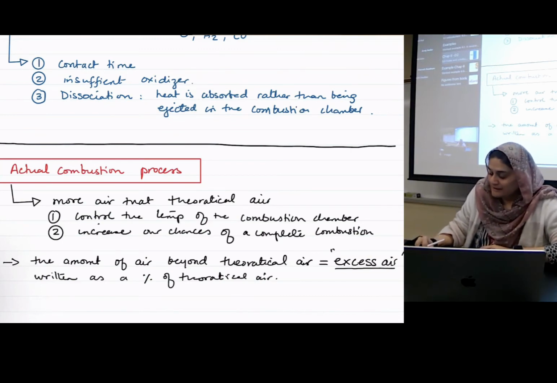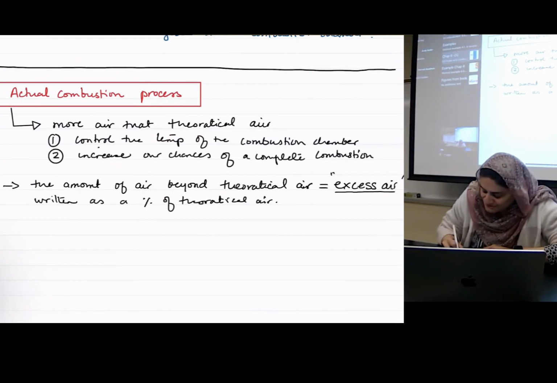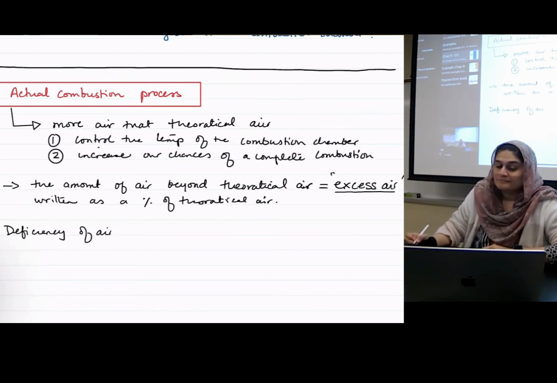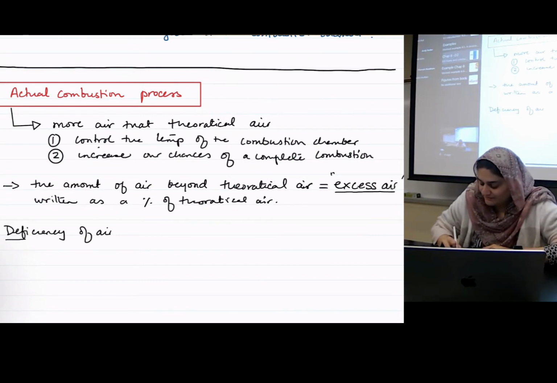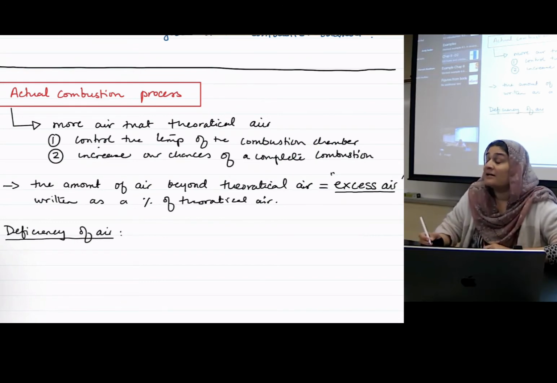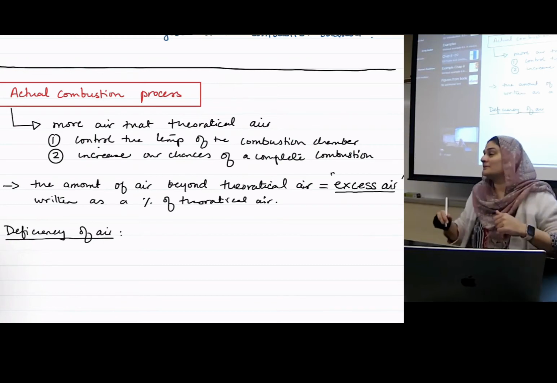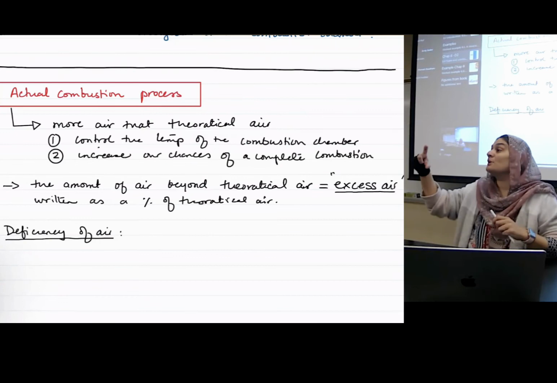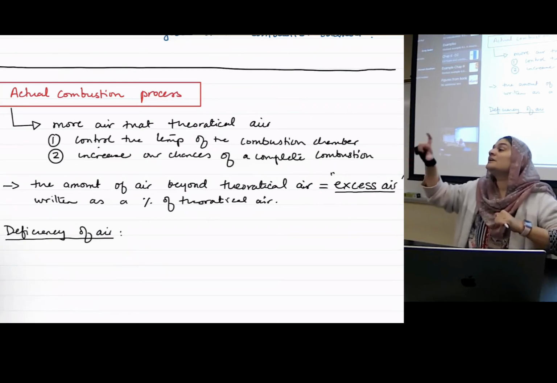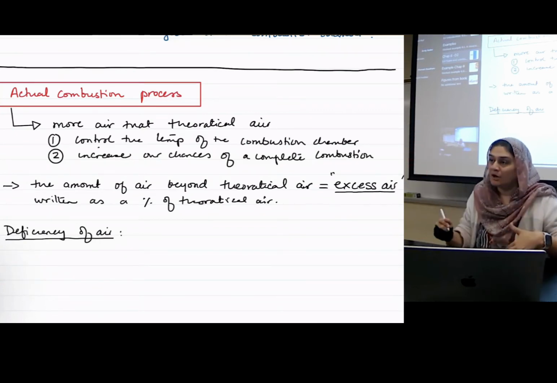There's also another term, it's called deficiency of air. Can we guess what that would be? Not enough. Not enough as compared to what? There we go. So excess is how much you are above theoretical. Deficiency is how much you are below.